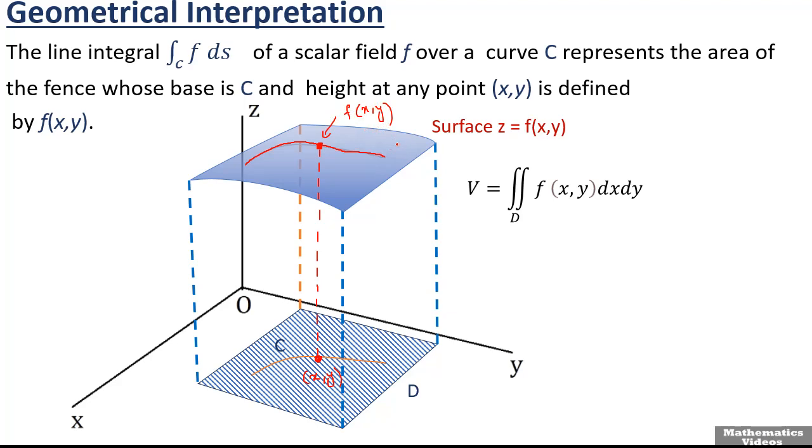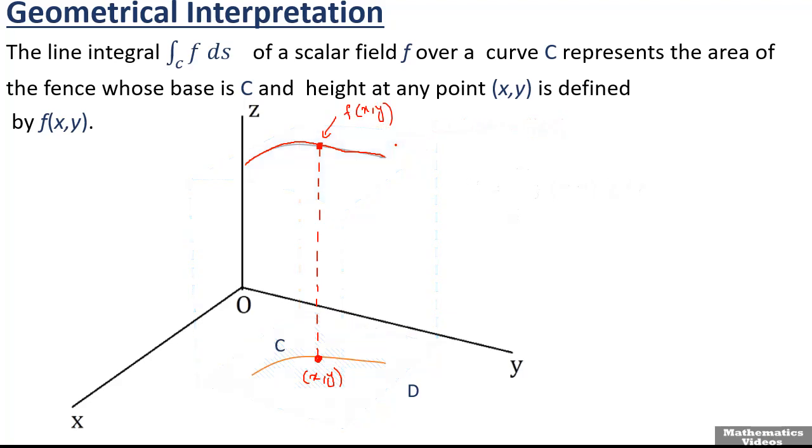Now I will remove the surface and the domain so that I'm left with this, and we will consider a fence whose base is the curve C and whose height at any point x and y is given by f of x and y, and this fence is definitely this one. Look at its base.